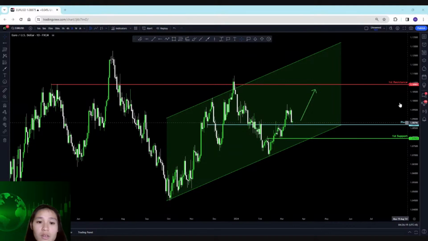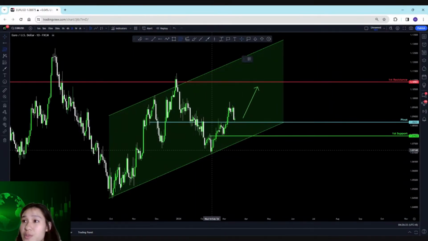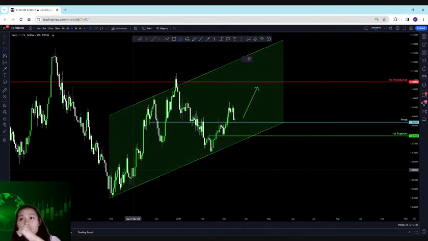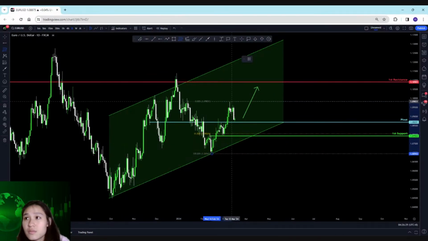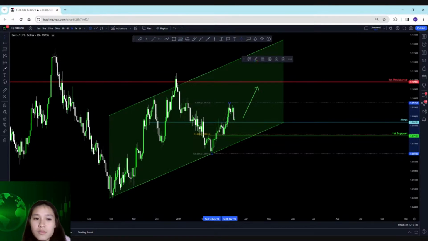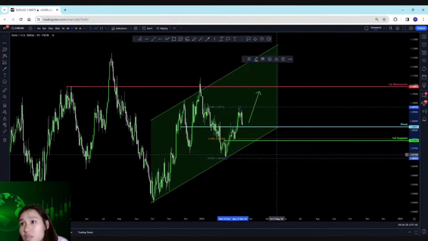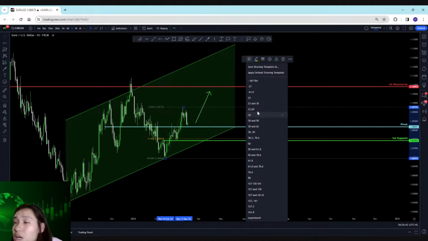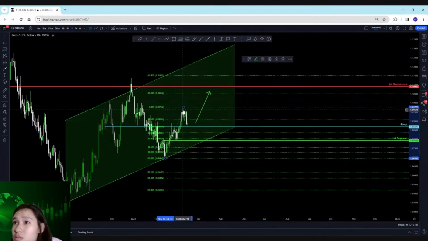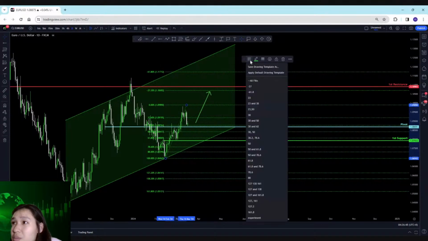I think we also maybe have a retracement here. Okay, you can see 61.8 lines up. And my 38.2 lines up with my pivot as well.